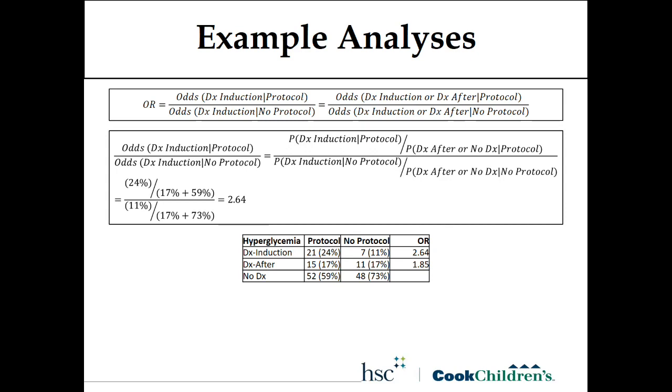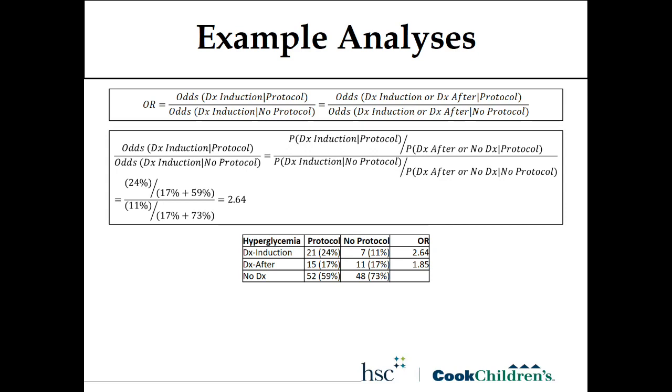The same logic applies for the bottom part, the denominator, except the condition is that you're in the no protocol group. If you look at those percentages down there, you can see where they come from.